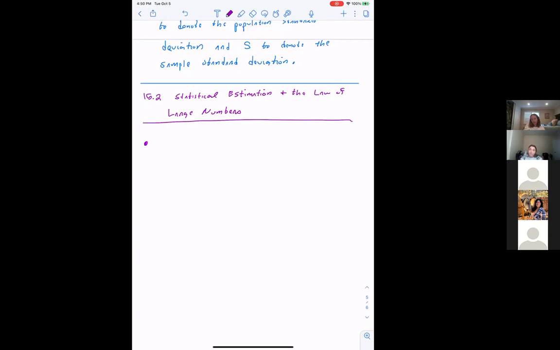The coin has no memory. The coin does not remember, oh, last time I was heads, so I better have a tails this time to balance. Or, oh, last time I was heads, so let's keep it going. Right? Coins have no memory. Dice have no memory. Anything left to chance has no memory, correct? So every flip is exactly the same as the previous one. In this case, it's just as likely to be heads or tails. Agreed?